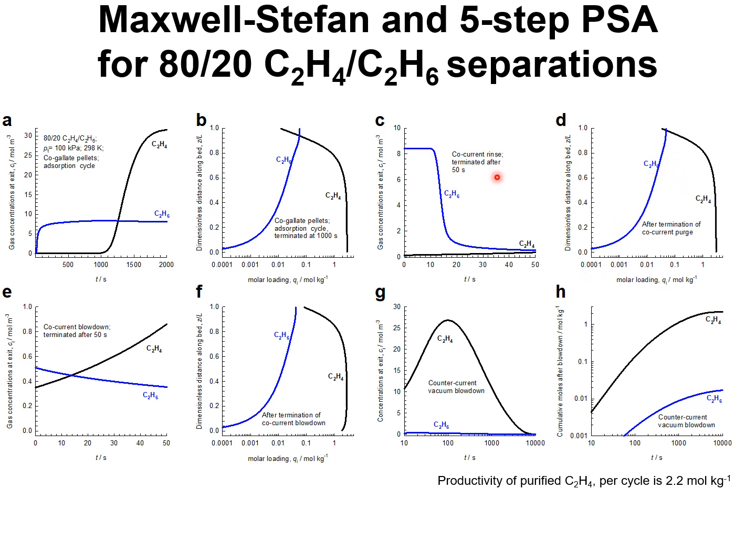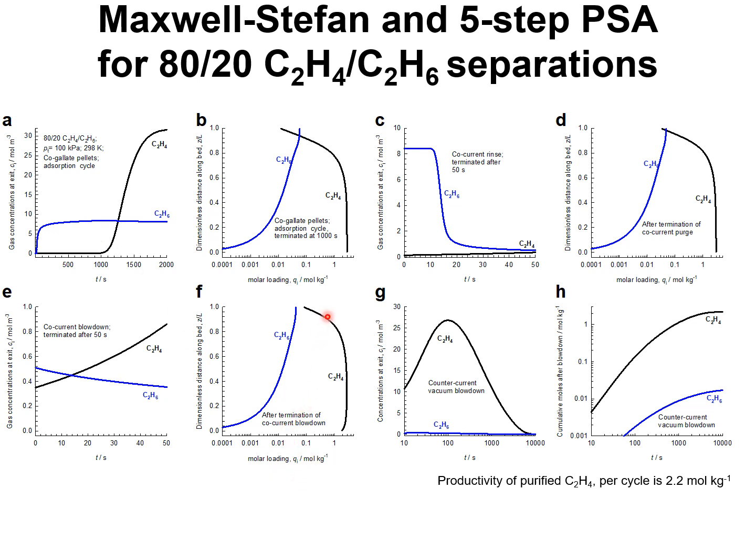The co-current purge is followed by co-current vacuum blowdown, in which any remainder of the ethene is purged out of the column, and the purged gas, ethene and any residual ethane, is mixed along with the feed mixture and fed to the adsorption cycle.